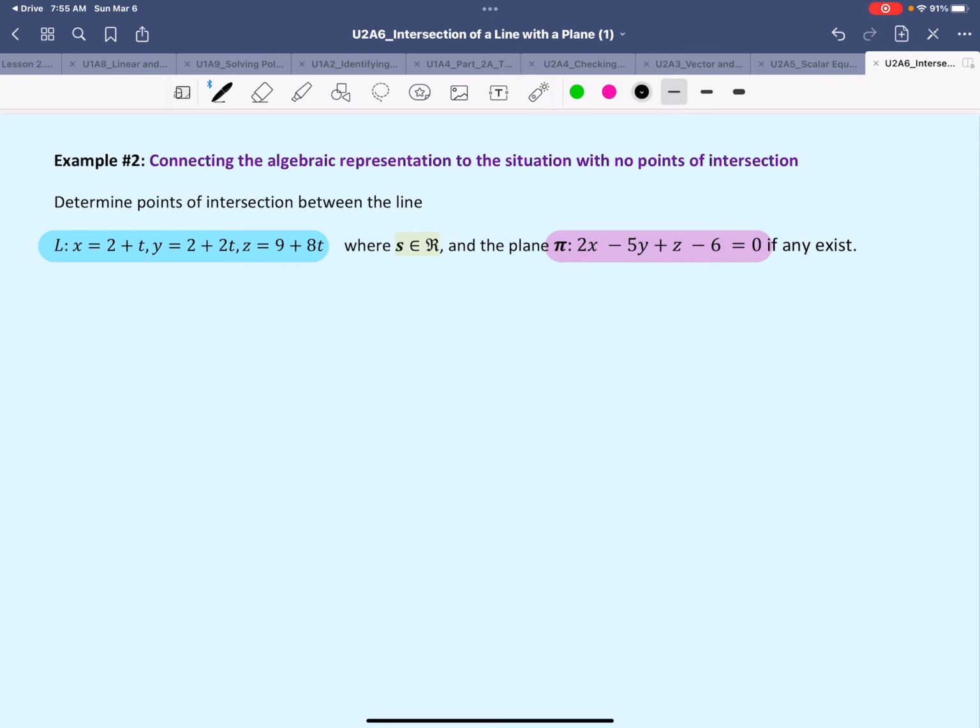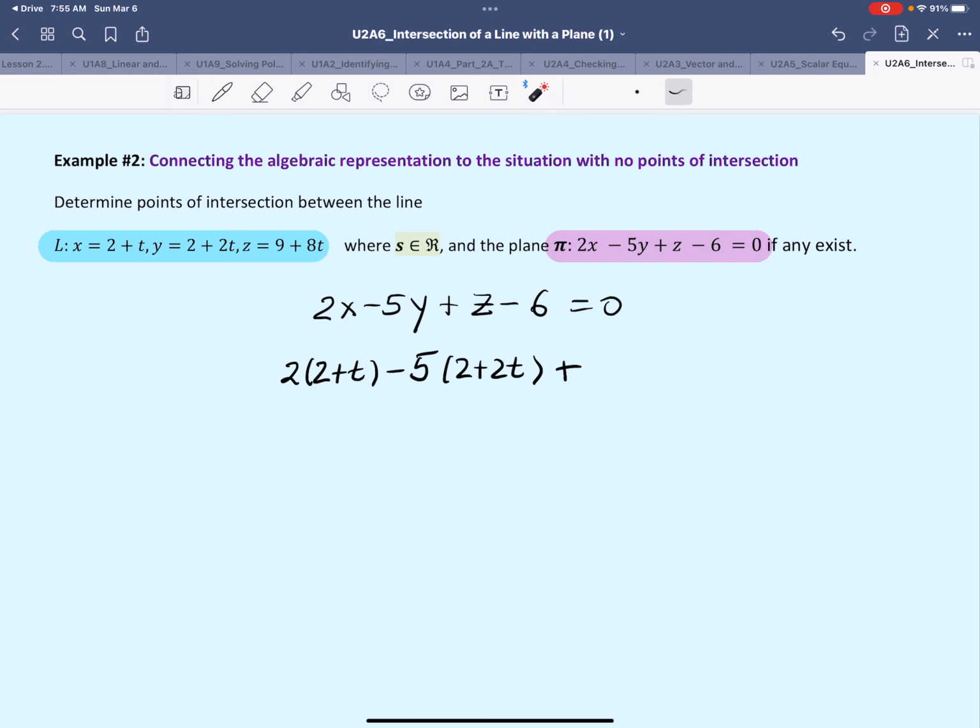So here we go again. We have the equation of the plane 2x minus 5y plus z minus 6 equals 0. The x coordinate on the line would be 2 plus t, so we'll substitute x by 2 plus t, minus 5, for y we have 2 plus 2t, plus z, and for z we have 9 plus 2t.